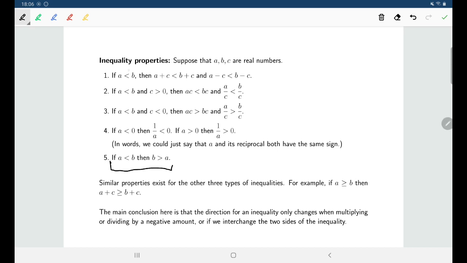I just mentioned these properties for what if it's a less than. You have similar sort of properties for greater thans, for less than or equal to, and greater than or equal to. Basically, the big story here is if you are working with inequalities, the one thing you have to be especially careful about is multiplying or dividing the sides by a negative amount, because that will change the direction of your inequality.